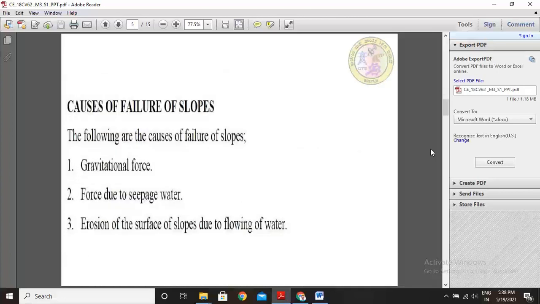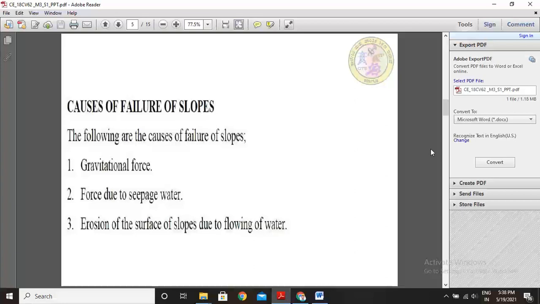Now let us see what the causes of failure of slopes are. This slide explains the causes of failure of slopes. The following are the causes. Slope failure takes place due to these parameters.